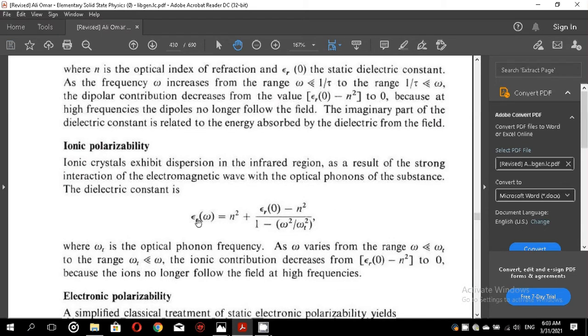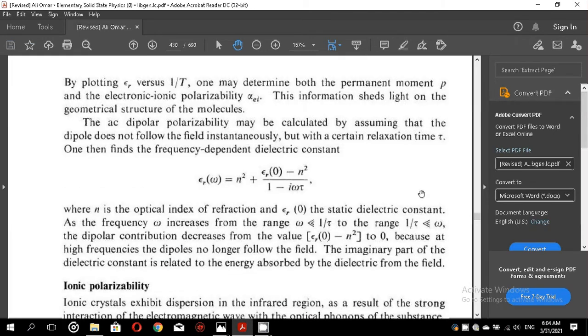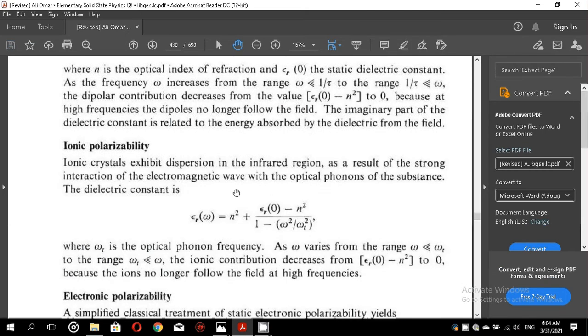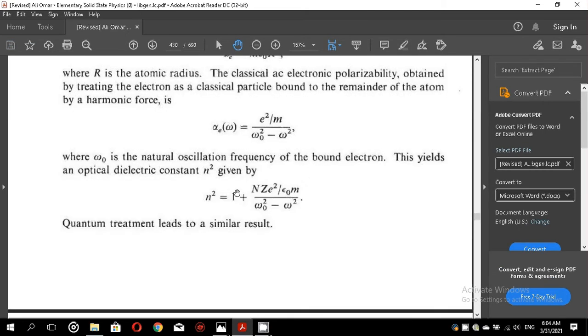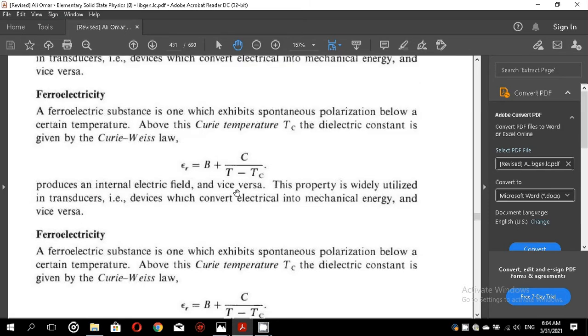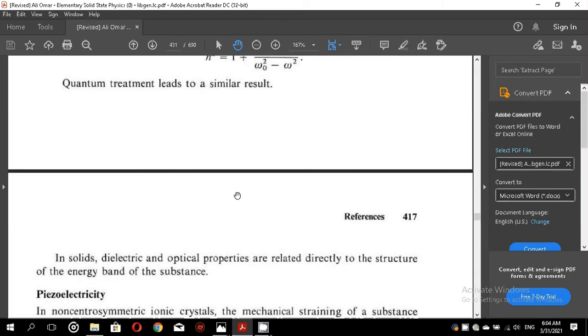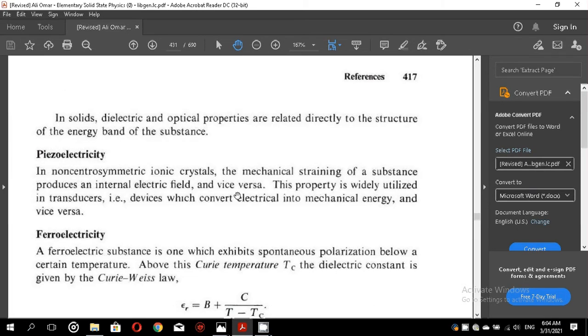Okay, this is the equation I was mentioning, not this one. It is on page number 416.